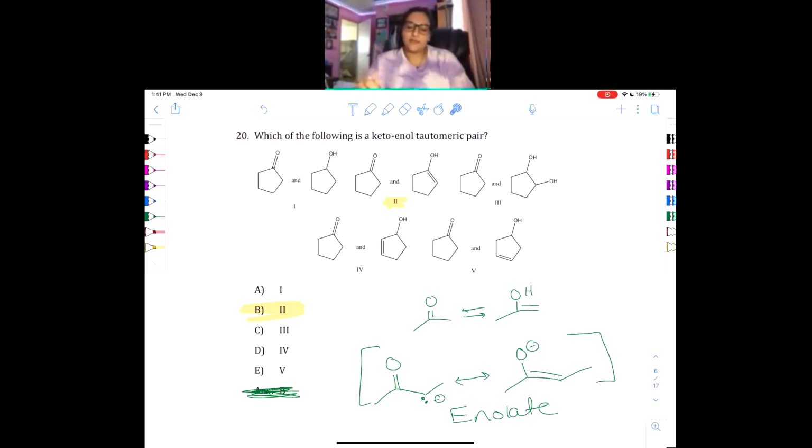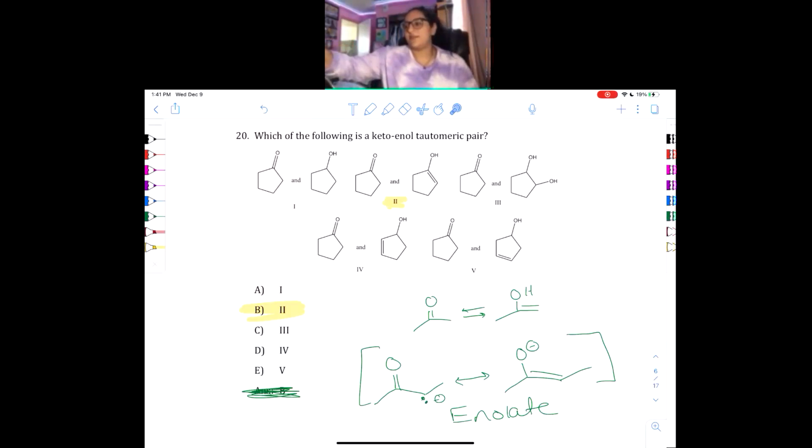The biggest difference between these two is that the tautomeric pair is a pair of tautomers. This is a pair of resonance structures. Someone please remind me what the difference between tautomers and resonance structures is.